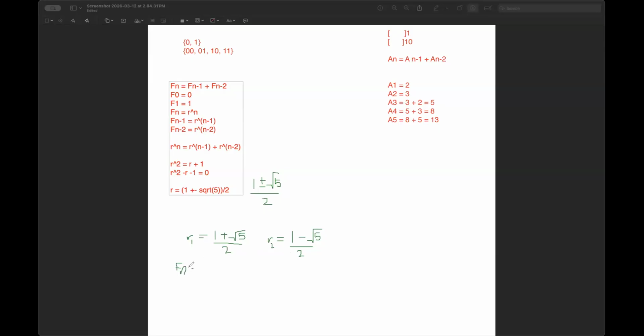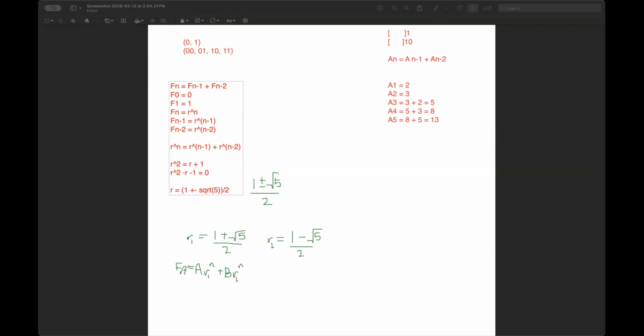The generalized formula is f sub n is equal to some constant a times the first root that we just found, r sub 1 to the n, plus another constant b, and then this is times r2, the second root, also to the n.